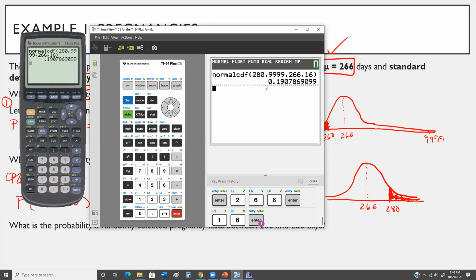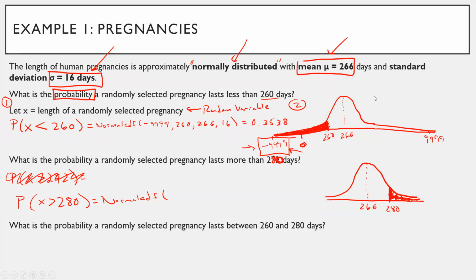The answer is 0.1908 when I round it to 4 decimal places. So my normal CDF started at 280, a tail area to the right, going all the way out to 9999, comma 266 comma 16, and it was 0.1908.